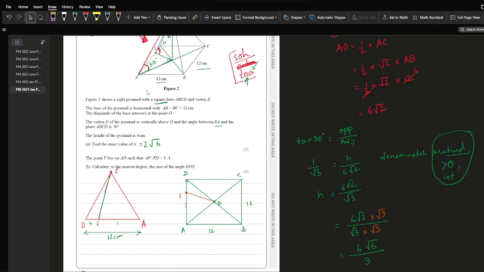Now let's form a right angle triangle, so we can use SOHCAHTOA to find EF or OF. If we draw a straight line here perpendicular to line AD, we have a right angle triangle right here that we know nothing about.